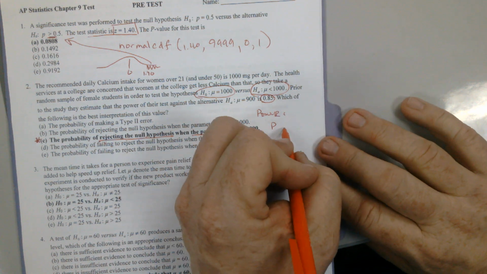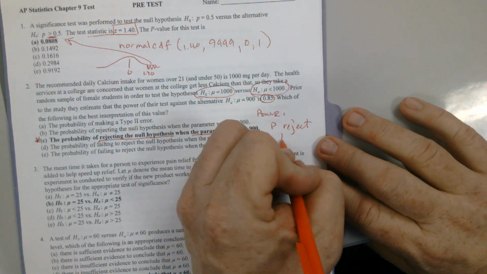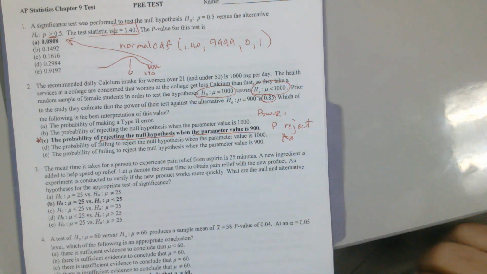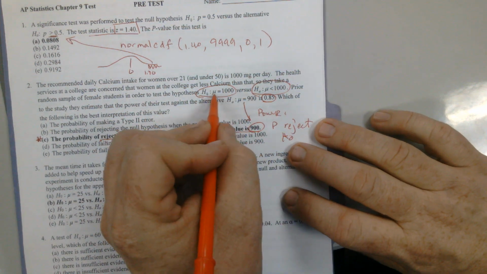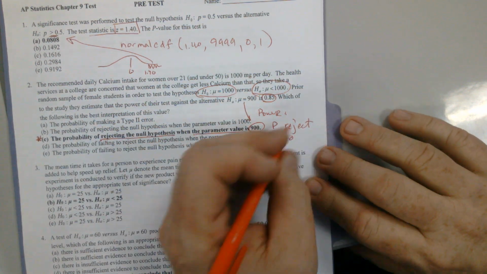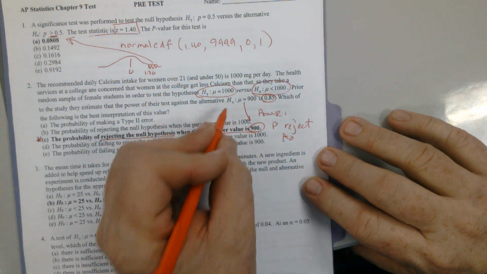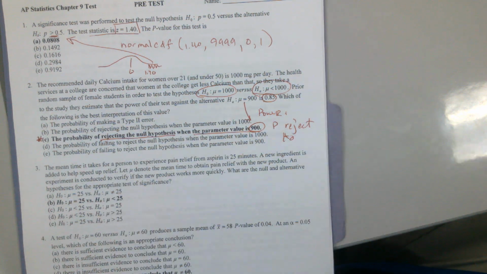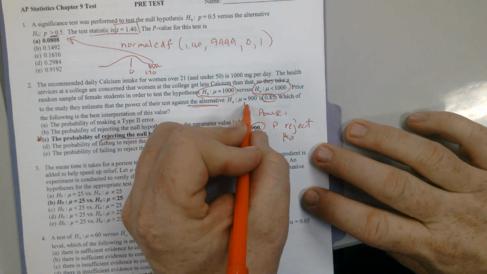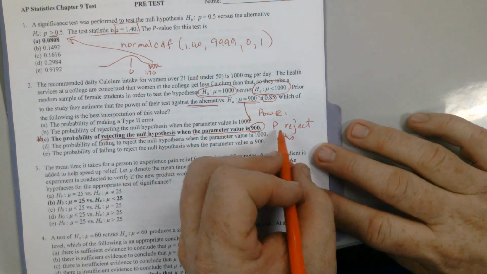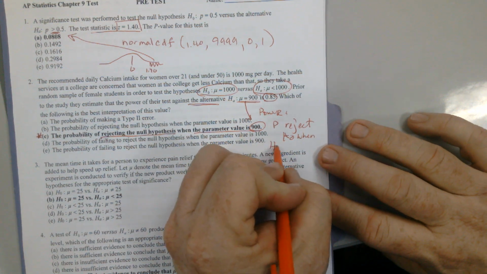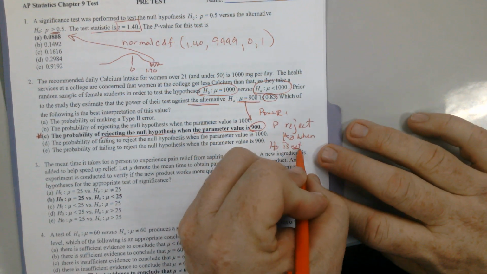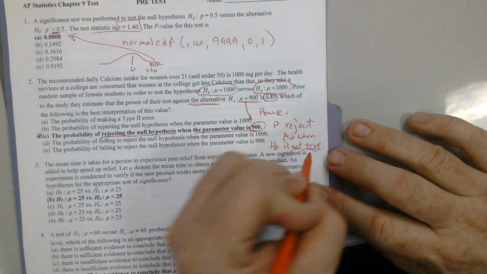The probability of rejecting H of O. And it's actually rejecting H of O. Okay? So notice how that is not H of A. It's when you reject H of O because there is evidence for H of A. Okay? So it's an alternative. So it's the idea that we rejected H of O when H of O is not true. So we're getting the correct answer.